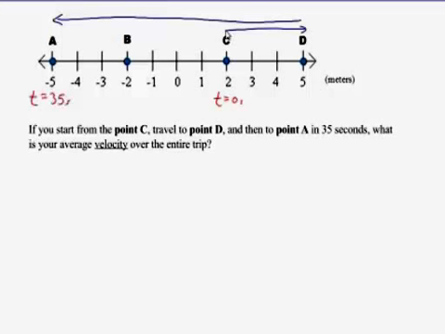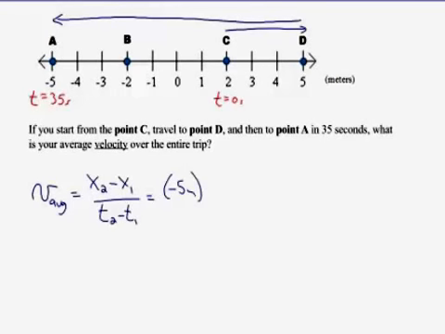So again, the definition of average velocity is the displacement, x2 minus x1, divided by the time interval. So x2 is the later position. That's the position when we're at point A, which is negative 5 meters, minus the position at point C, which is positive 2 meters.